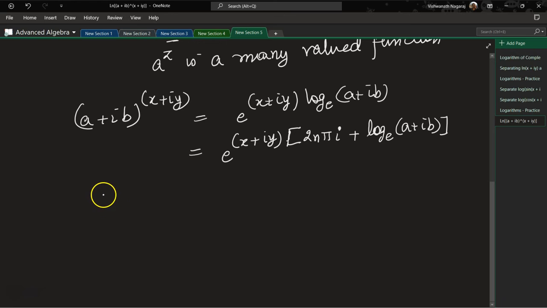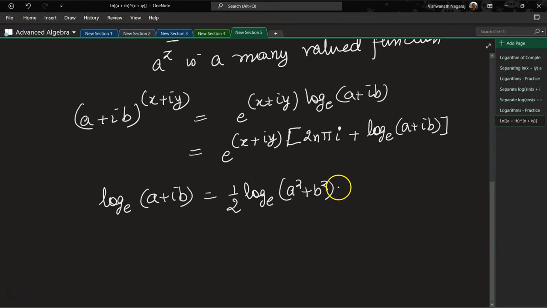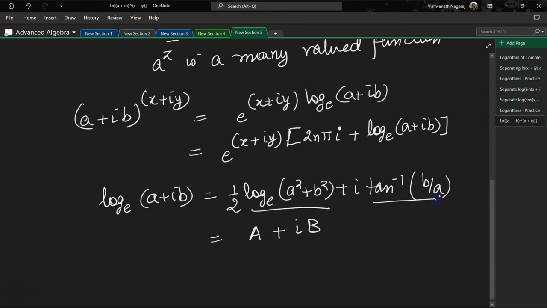Now we know that log e of a complex number is equal to half of log e of (a square plus b square) plus i tan inverse of b by a. We know this. So let's simplify it, because every time I don't want to keep writing this entire thing. So let's say this is A plus iB. So here A is this, B is this.